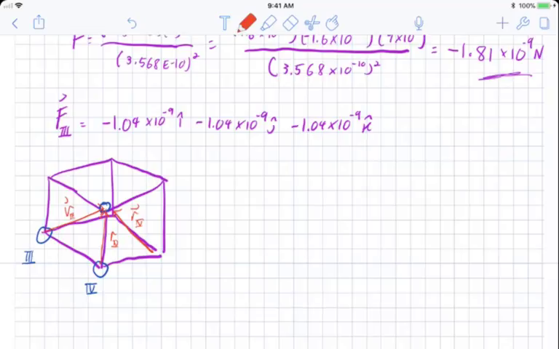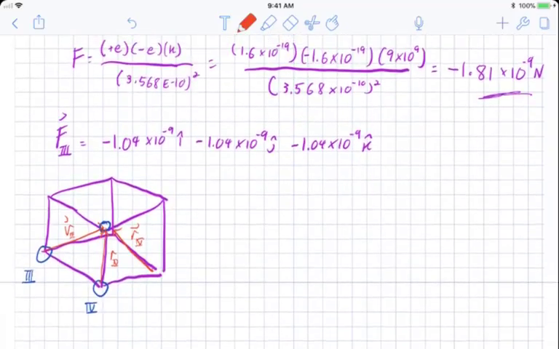Okay, so I hat's pointing that way, J hat's pointing that way, K hat's pointing up. While R3 pointed in the plus I hat plus J hat plus K hat direction, R4 is still going upwards, plus K hat.